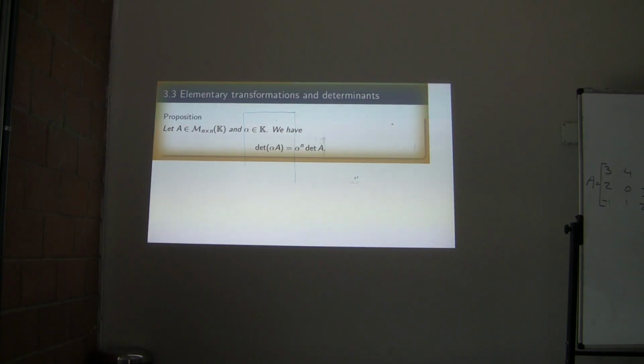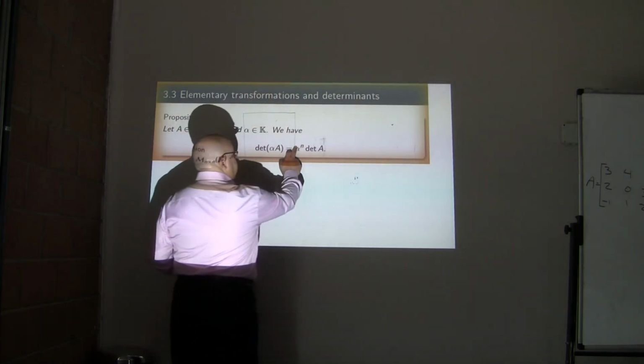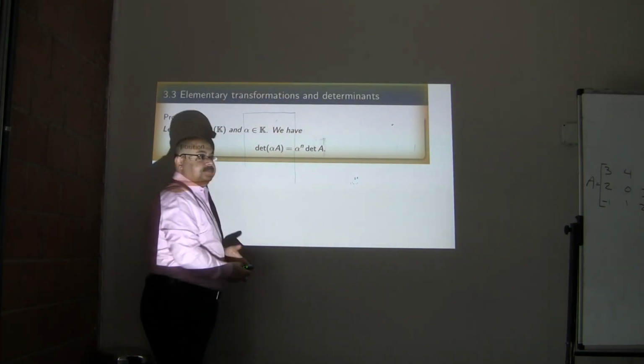But if you take a common factor from the elements of the determinant, it will come out from one row or one column. Also, if you multiply all the elements of a determinant by a number, the value of this determinant will equal alpha to the power of n times the determinant of A.